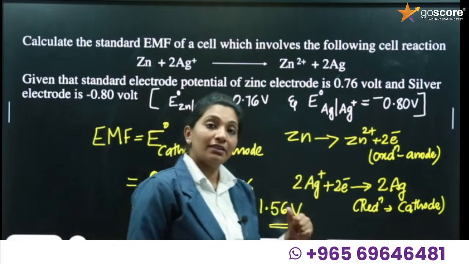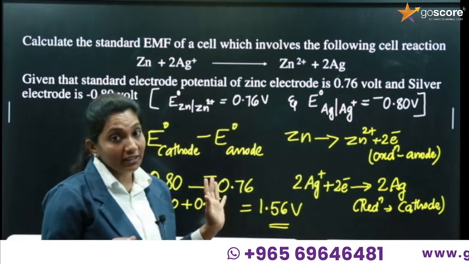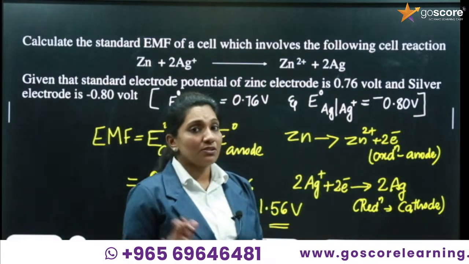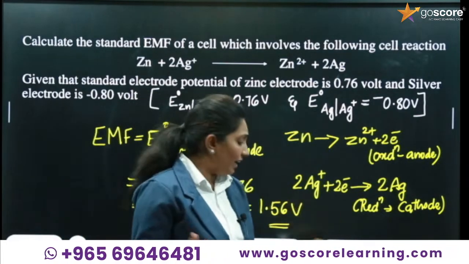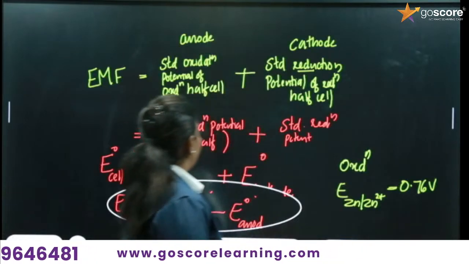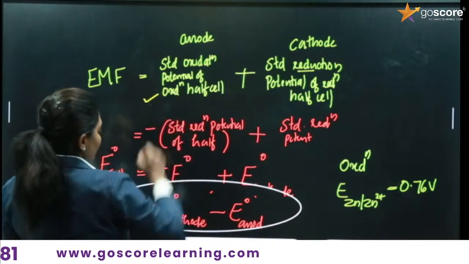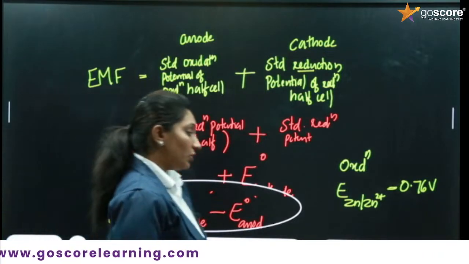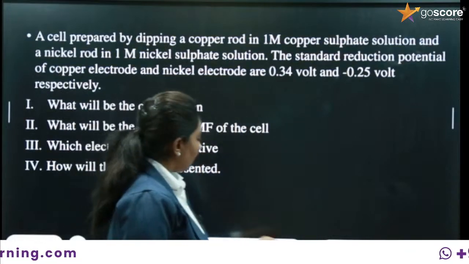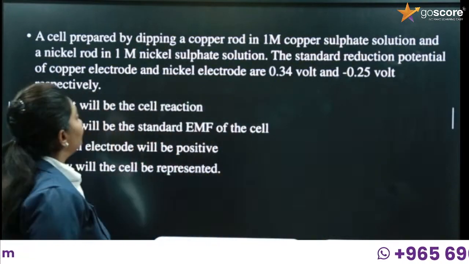There you have to take the negative value, then also you will get the same answer. So if you get the concept, you can solve the problem based on any of the equations. Here we have learned three ways, right? In any way, you will get the same answer. Okay. Now go for the next question.